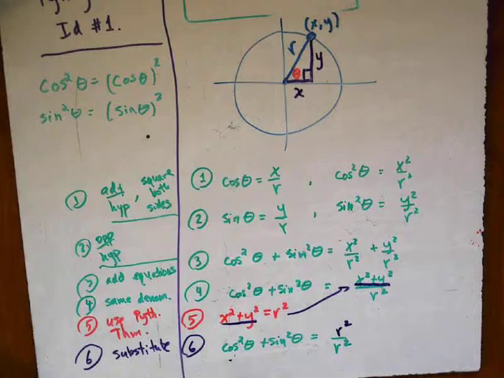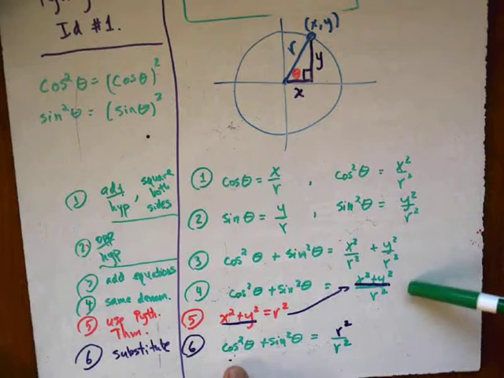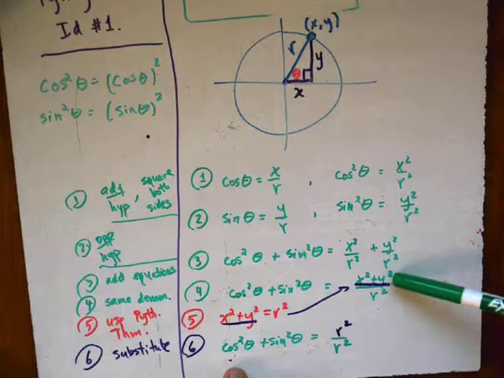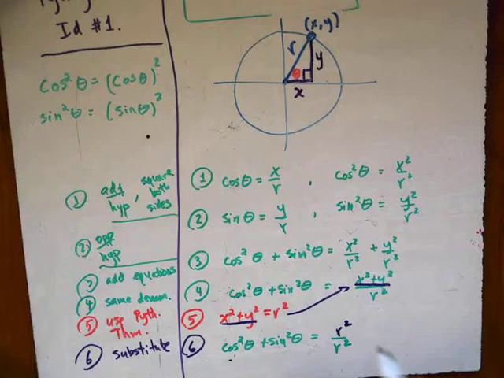You can see that my proof is basically done. Step 4 and step 6 are the exact same thing except for this one substitution. We know that x squared plus y squared equals r squared, and r squared over r squared is going to equal 1. And there you have it. The proof is complete.